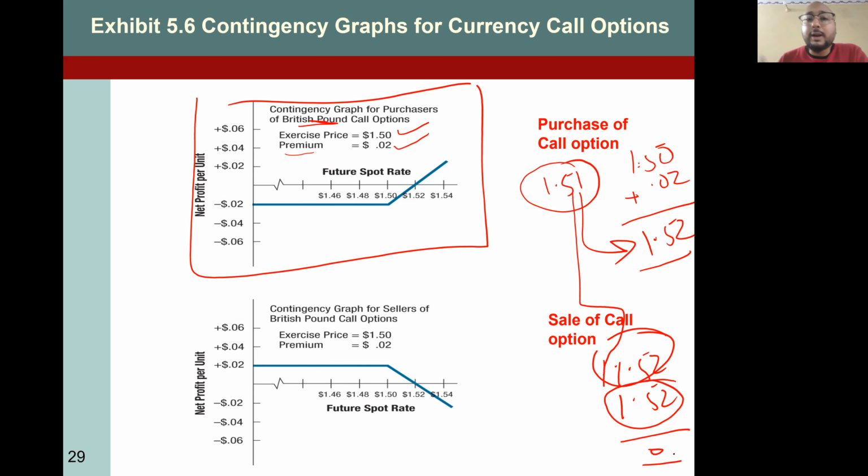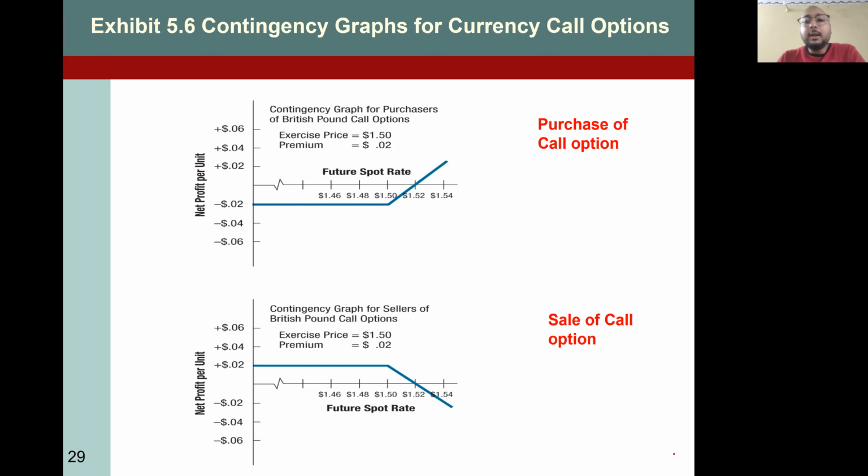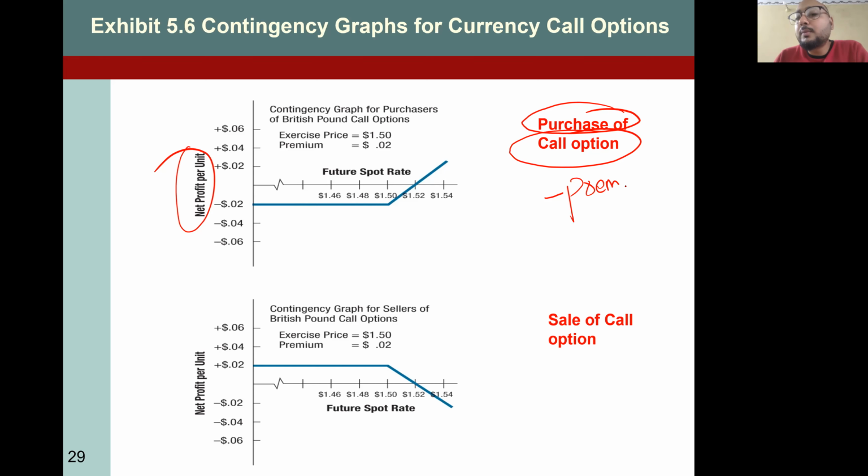So that's why, if the price is below, this is the net loss. Whose net loss? Who purchased the call option? The loss is the premium. So you see, the premium is the loss unless the price reaches 1.52.